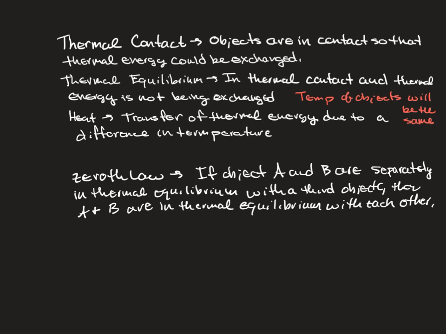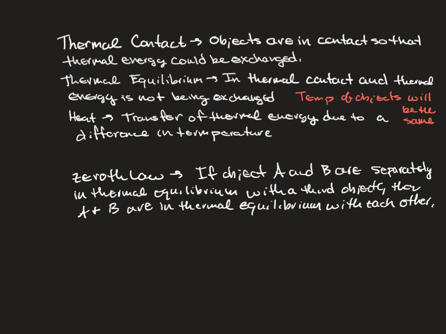An example of this would be an old school thermometer. So back in the day when you had mercury thermometers, you obviously don't want to stick mercury underneath your tongue. That's kind of poisonous. So you would stick a thermometer bulb underneath your tongue, and your tongue would be in thermal equilibrium with the thermometer bulb.